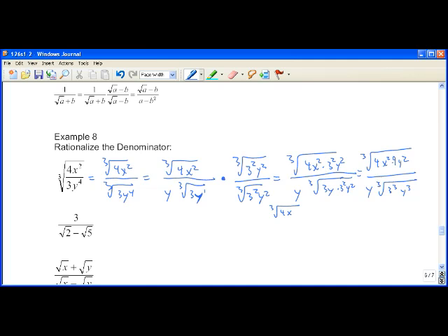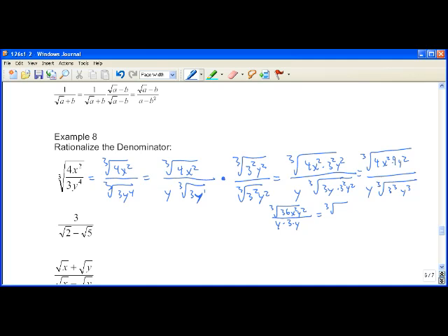So it's the cube root of 4x squared. No. Back up, Jeff. 4 times 9 is 36. X squared, y squared. Over y times 3 times y, because the cube root of 3 cubed is 3. The cube root of y cubed is y.